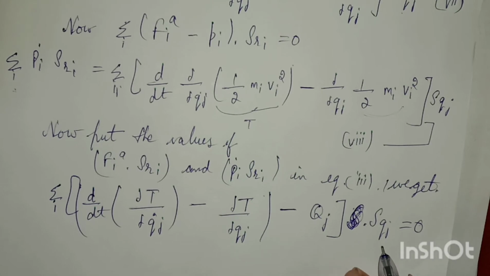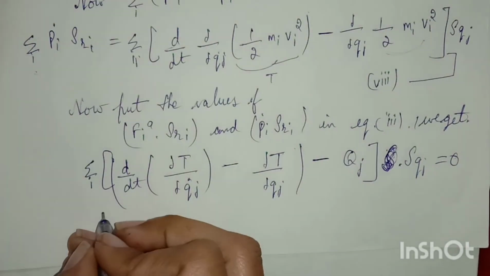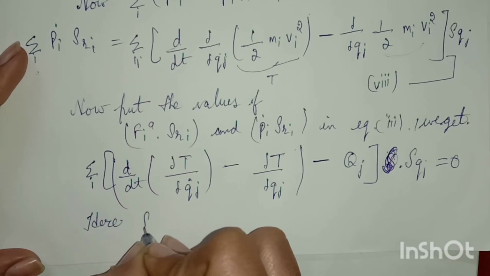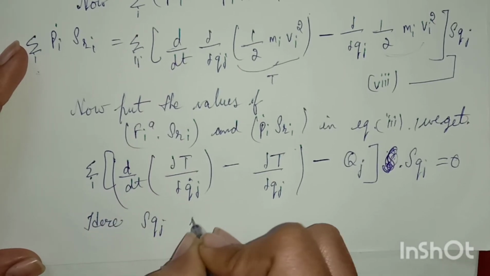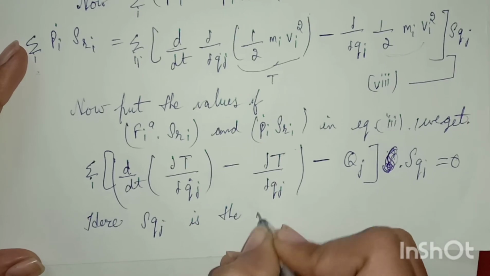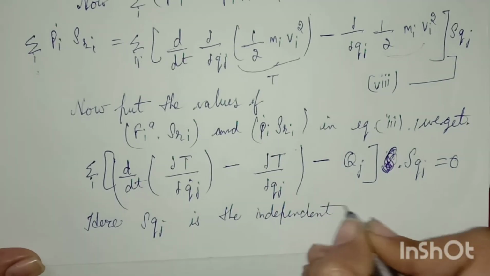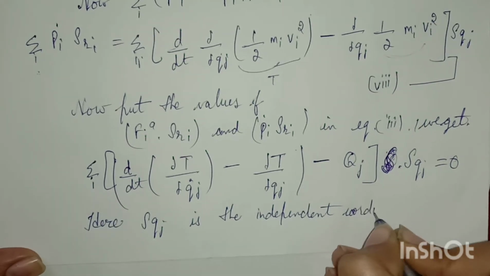Here δq_j is the independent coordinate.